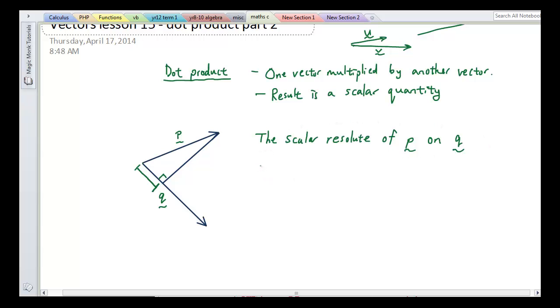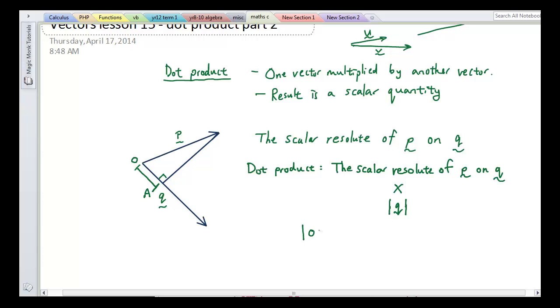So the dot product is defined as the scalar resolute of p on q multiplied by the magnitude of q. Okay, the magnitude of q. So we've got this length, whatever that length is. Let's call this O to A. So it's length OA.